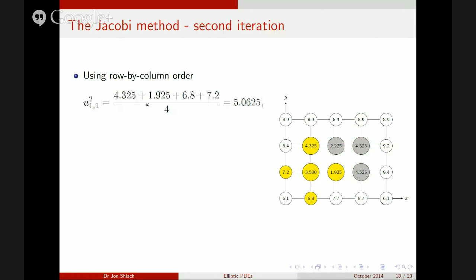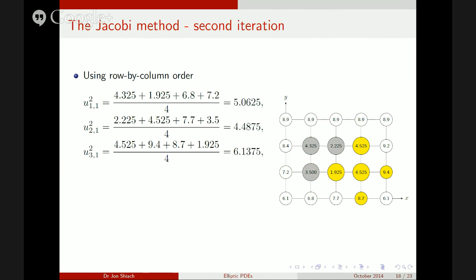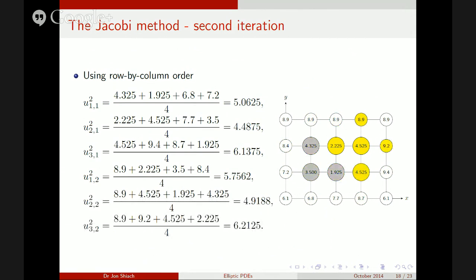So do it again. The node to the north plus the node to the east, the node to the south plus the node to the west. Now we've gone from a value of 3.5 to our improved estimate of 5.0625. Do the same with the second node, third node, and we keep going in that way.